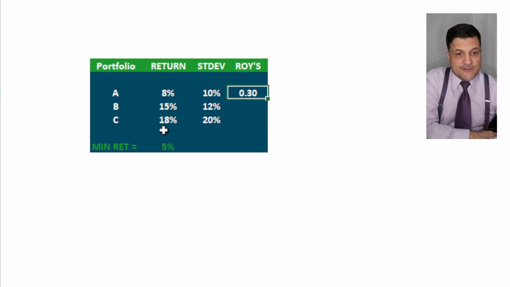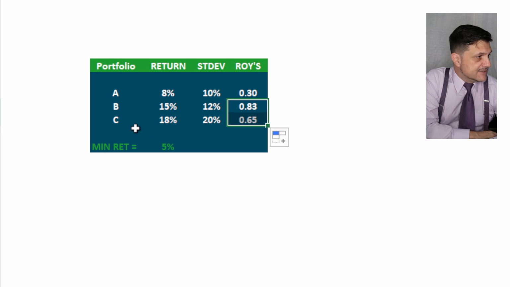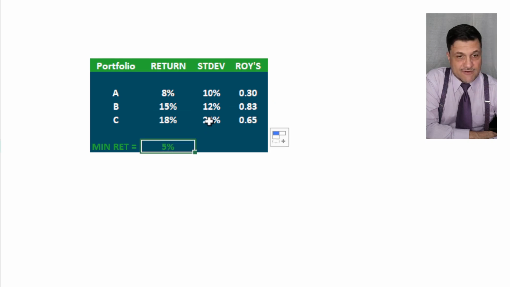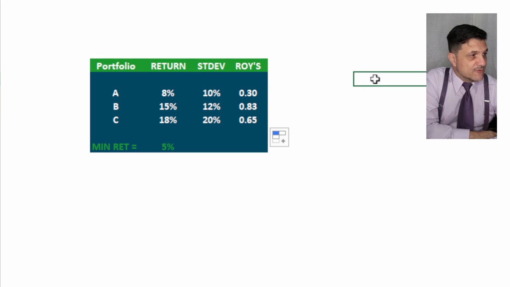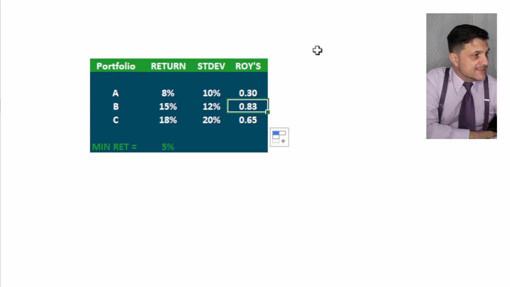So 8 minus 5 divided by 10. The next one, I did the same calculation, 15 minus 5 divided by 12. And the last one, I did 18 minus 5 divided by 20. And now, which one is the best portfolio based on Roy's criteria? It is portfolio B. Portfolio B has the highest. That's the highest, there you go.